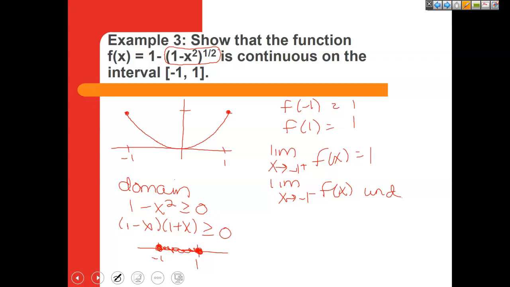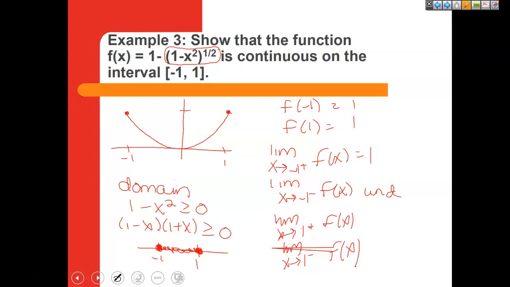What other limits do I need to show that it's continuous on the other side? Exactly. And then I will find a positive 1 from the right and positive 1 from the left. I'm not getting it. This one makes me so angry.